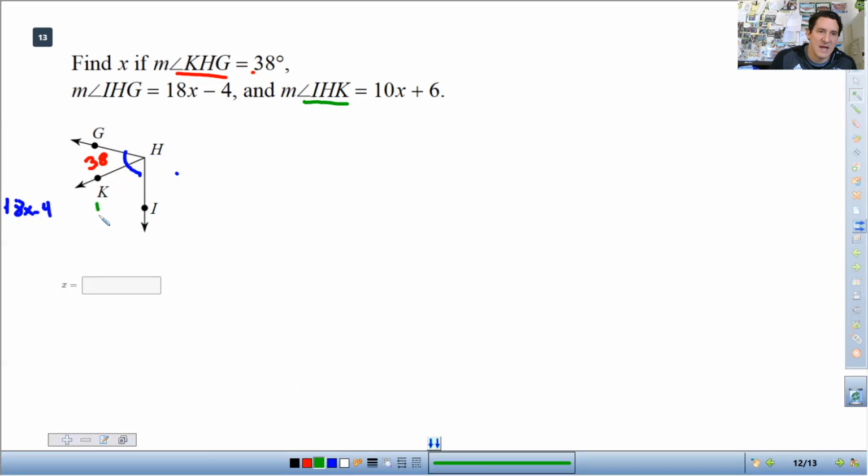IHK is 10x plus 6. So add the two smaller parts together to equal the whole. So the first part is 38. The other part, smaller part, is 10x plus 6. And that's equal to 18x minus 4.